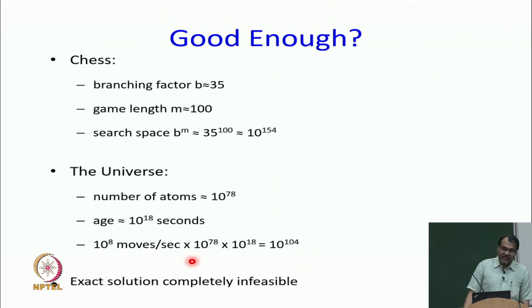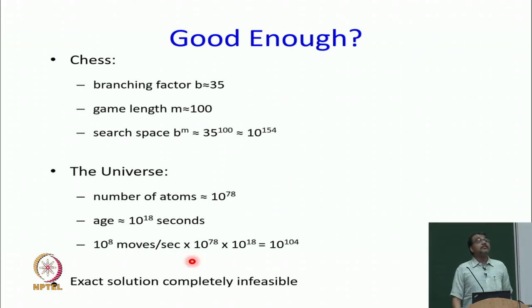And let us say the universe is able to evaluate 10 to the power 8 expansions per second, even then it will not be able to explore more than a size of 10 to the power 104.